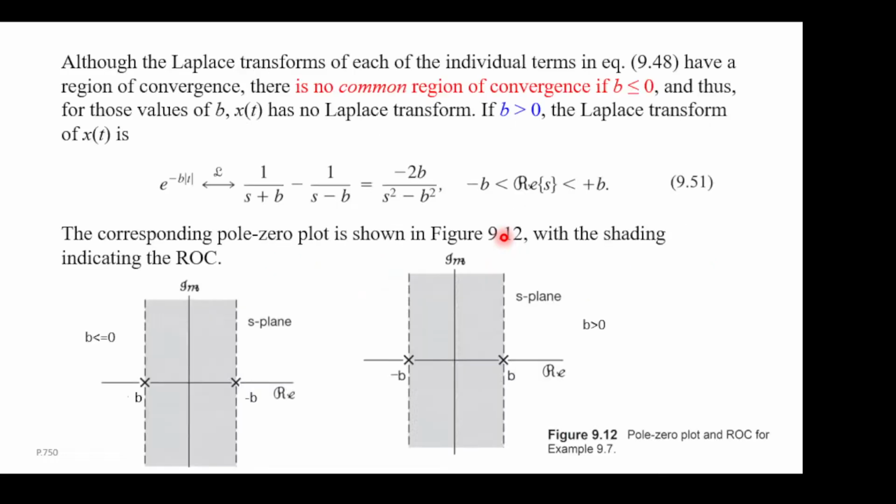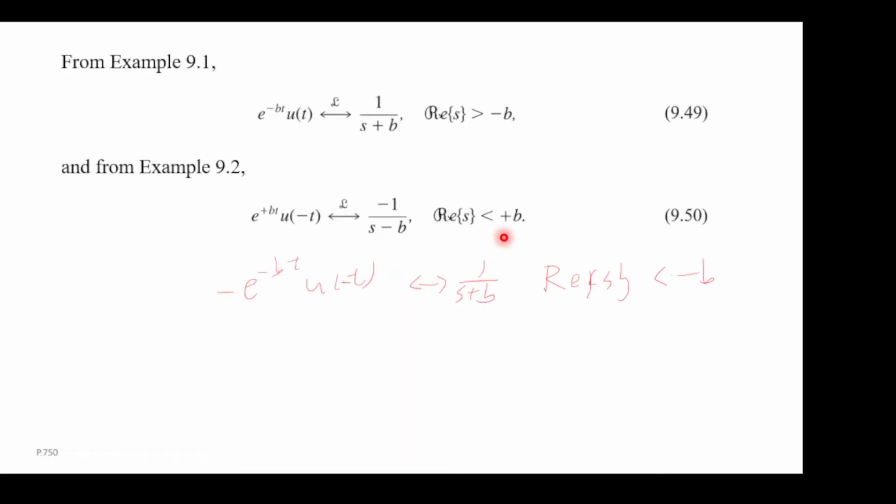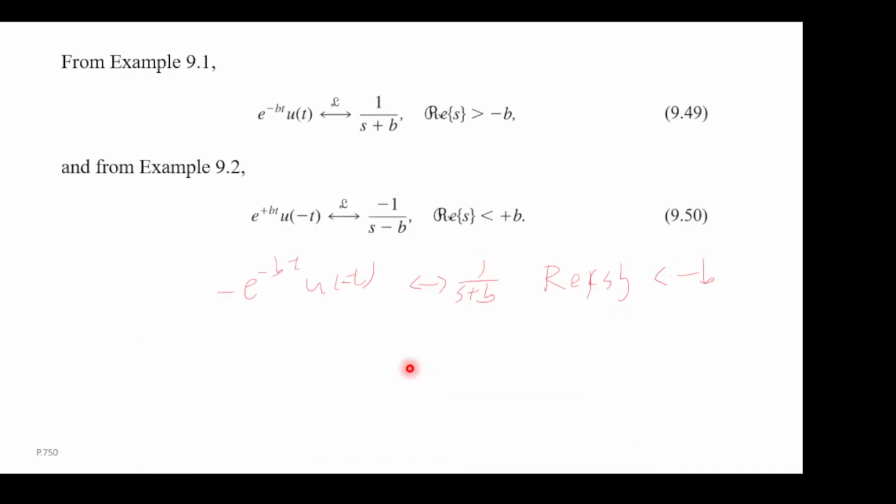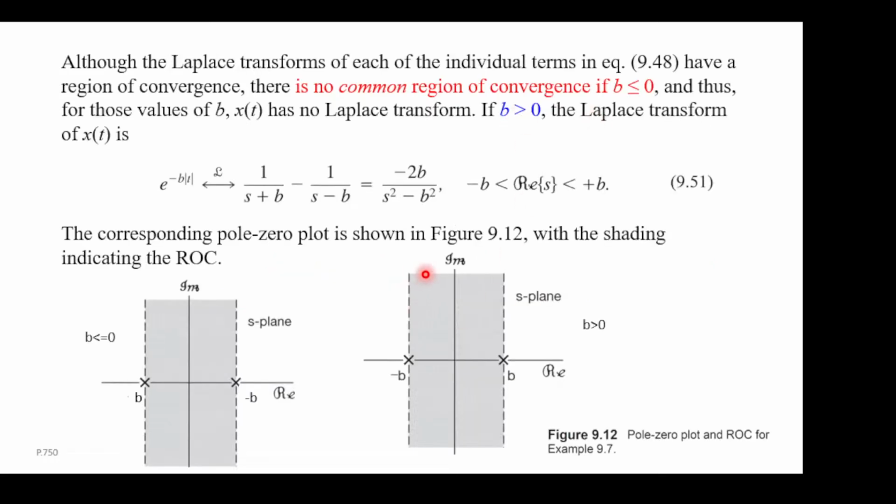And now we think about what the ROC is when you add those two sides together. There are really two cases: b bigger than 0, or b less than or equal to 0. For b bigger than 0, it's a good thing. The first one has Re(s) bigger than negative b, so it goes on the right side of negative b.